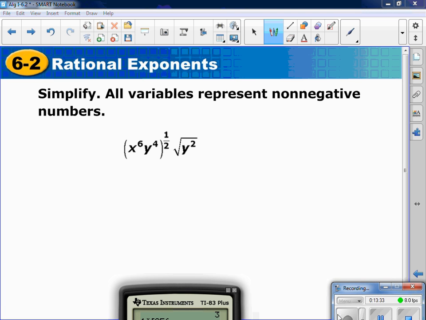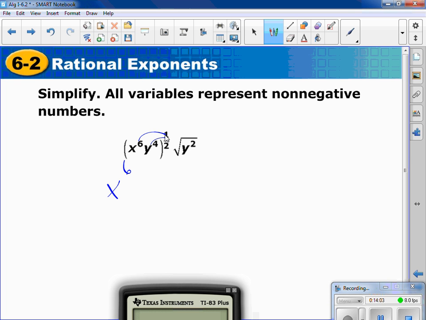Now this one here, I have in parentheses x to the 6th, y to the 4th, that's to the 1/2, times the square root of y squared. All right, I have this problem here. First thing I'm going to do, this is really going to go to both.